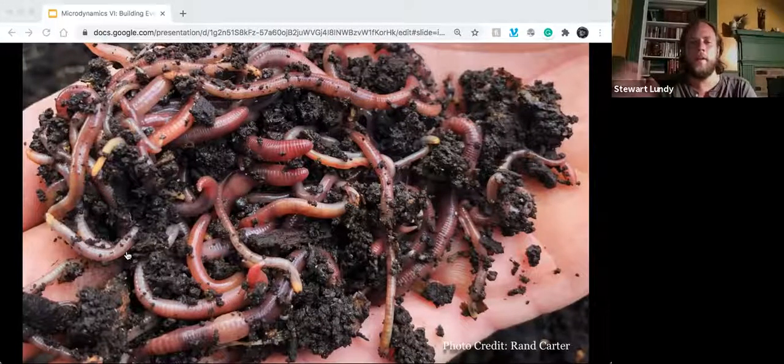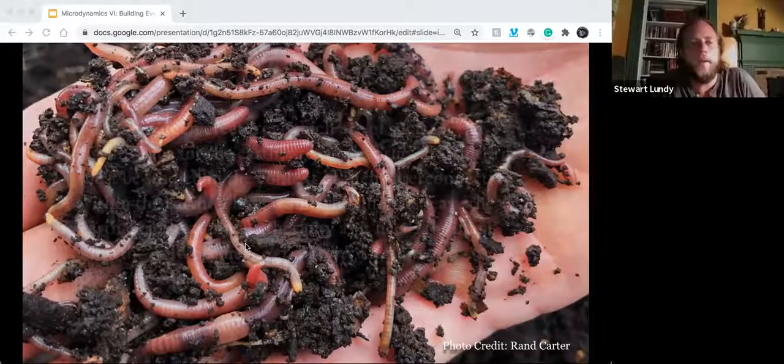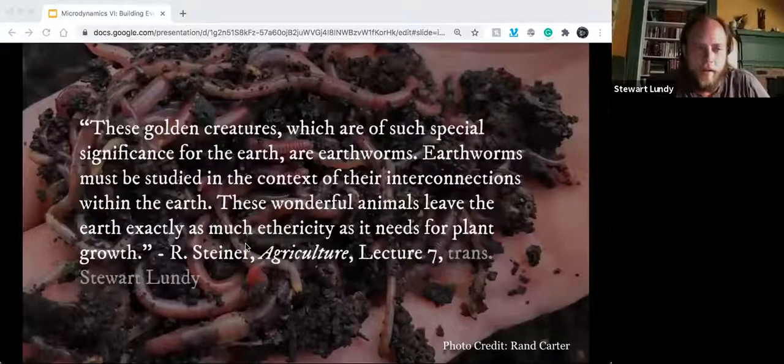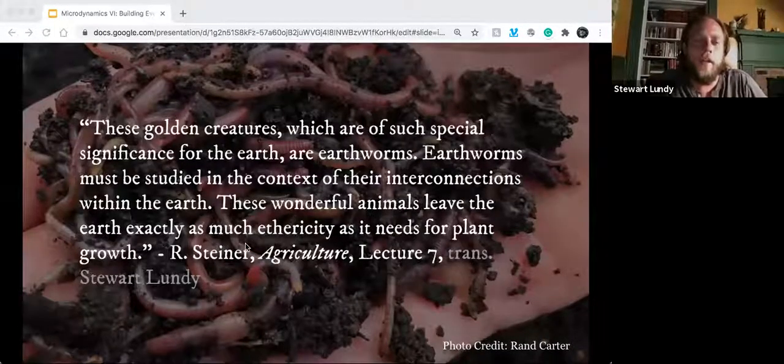There's a quote from Steiner that really gets to the heart of this, and it is that, quote, "These golden creatures, which are of such special significance for the earth, are earthworms. Earthworms must be studied in the context of their interactions within the earth. These wonderful animals leave the earth exactly as much ethericity as it needs for plant growth."